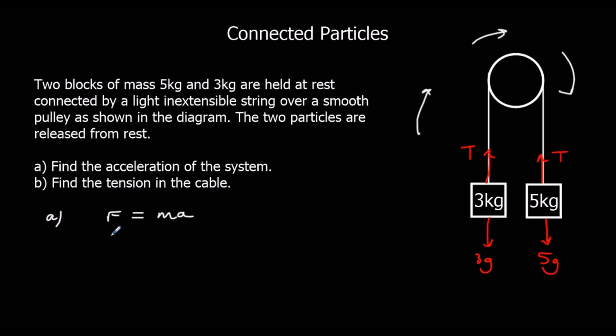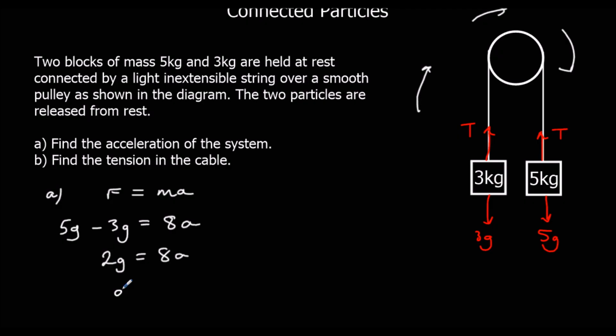So the force going with the motion is 5g, and the force opposing the motion is 3g, and that equals ma, where the total mass is 8a. So we've got 2g equals 8a. So that means the acceleration is 2g over 8, which is 1/4 g meters per second squared.